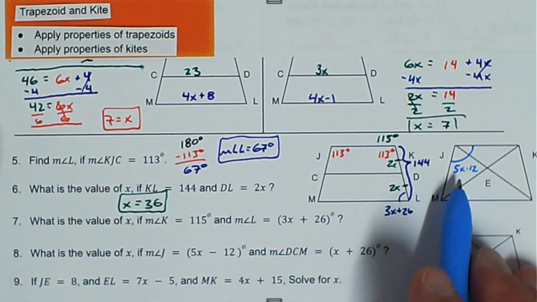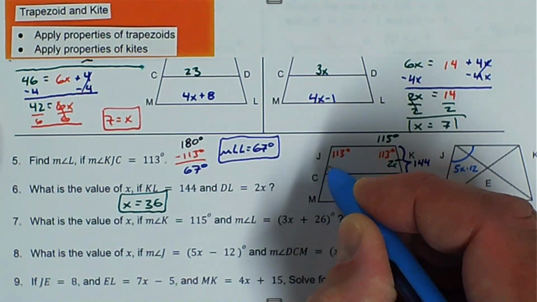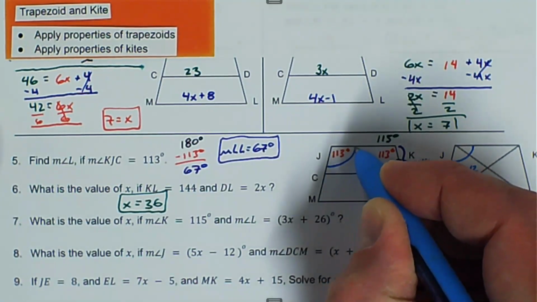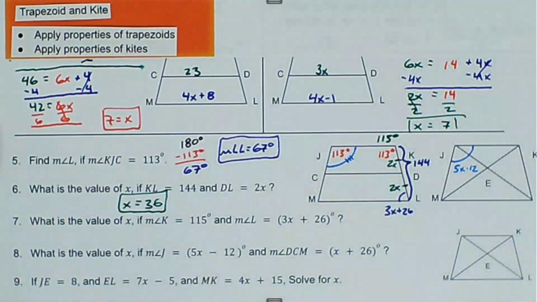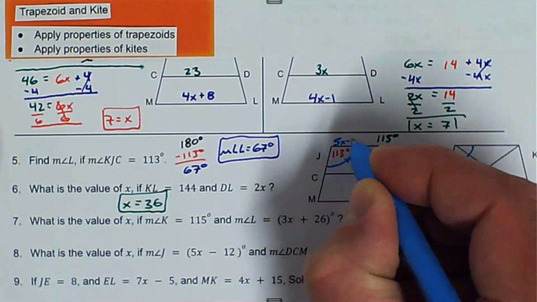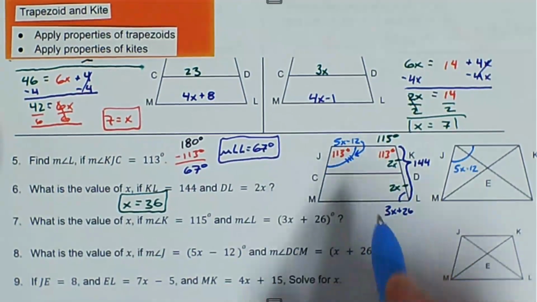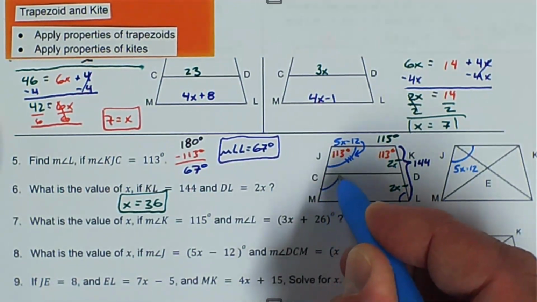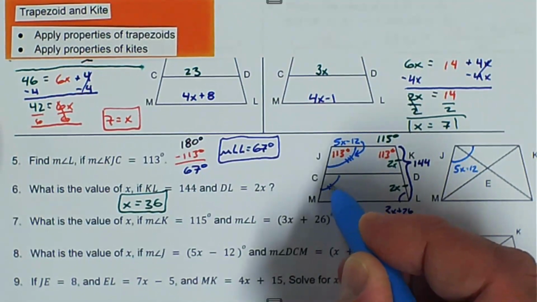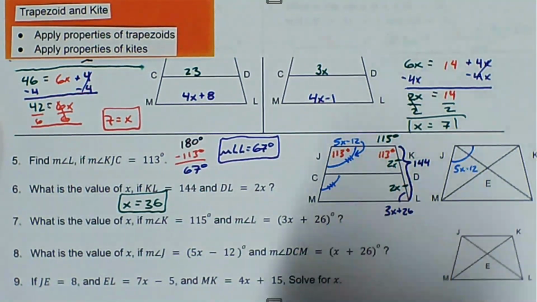Oh, DCM. So I have to move this drawing. So this has to be right here. We have to move this to this drawing right here. And that's going to be 5x minus 12. And because we know that these lines are parallel, DCM is x plus 26.